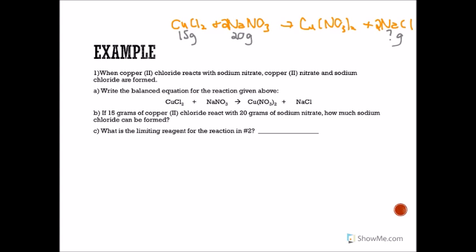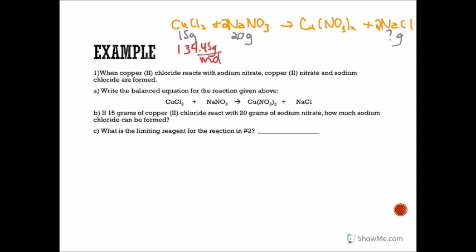Find the molar mass of copper 2 chloride. Copper is 63.55 plus 2 times 35.45. We get 134.45 grams per mole.